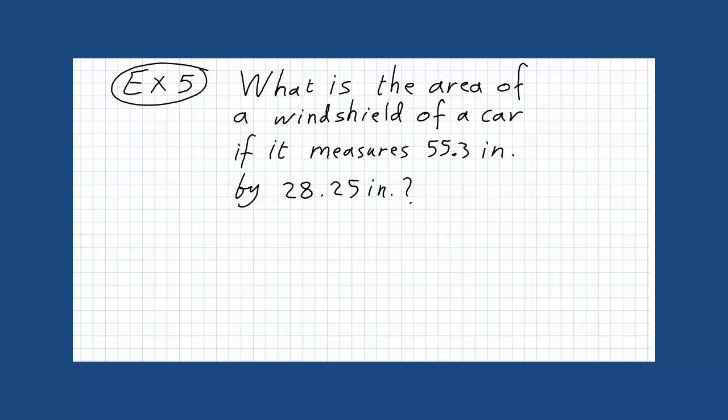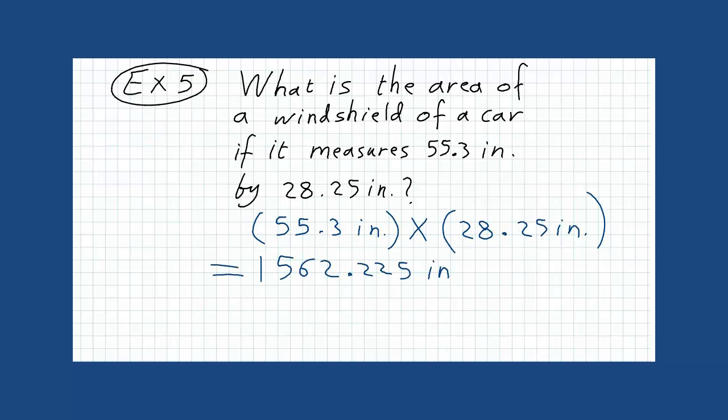To find the area, we multiply its dimensions, the length times the width. So the solution for this question is to multiply 55 and 3/10 times 28 and 25 hundredths. Our usual answer using the calculator is going to be 1,562 and 225 thousandths square inches.